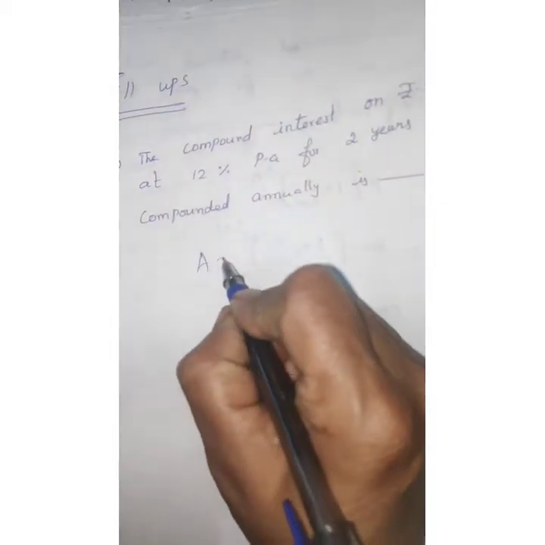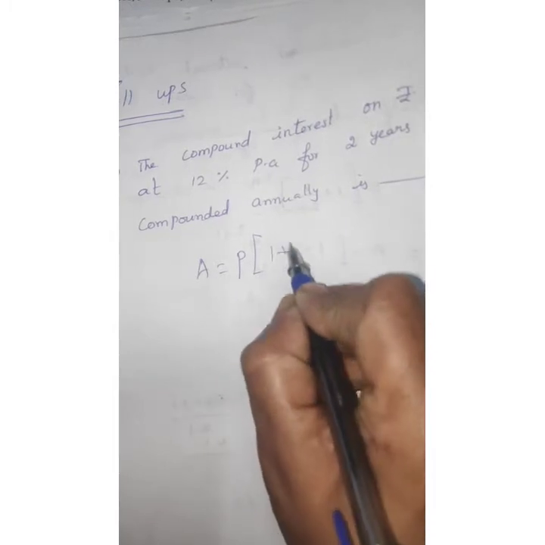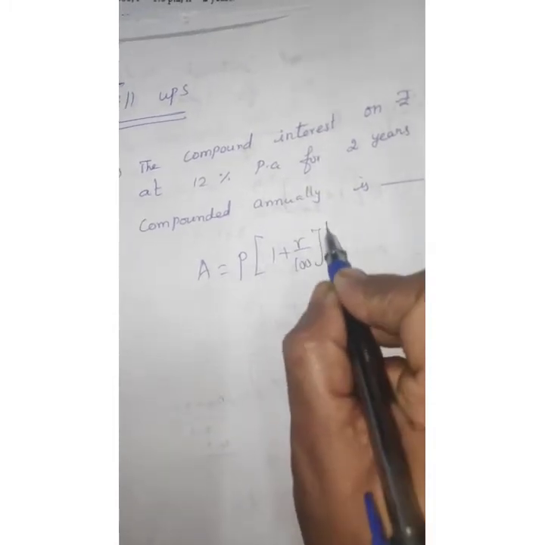So A equal to P into 1 plus R by 100 whole power N is the formula.